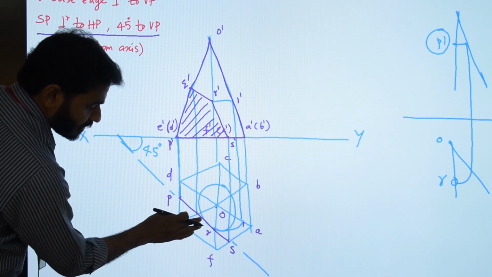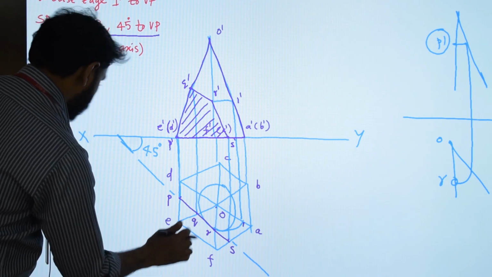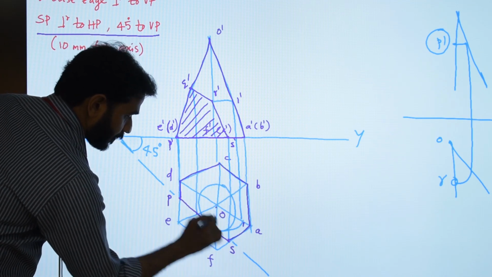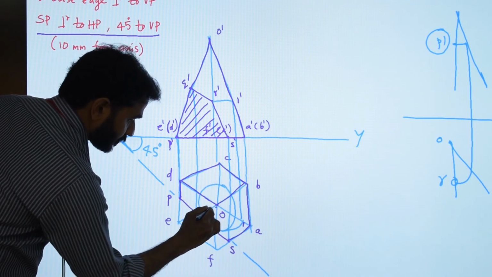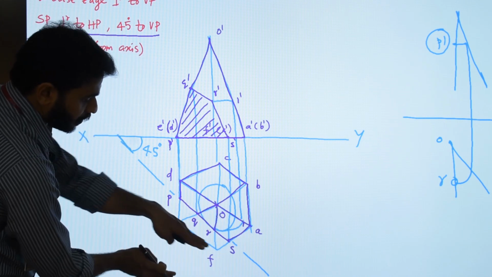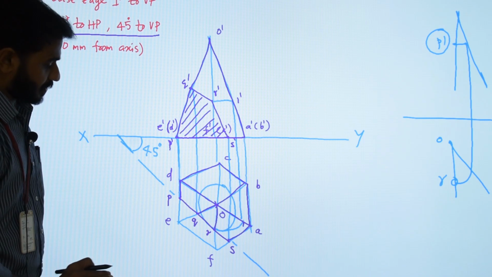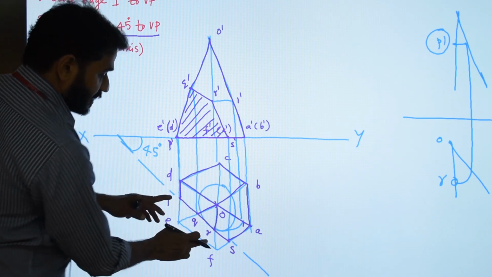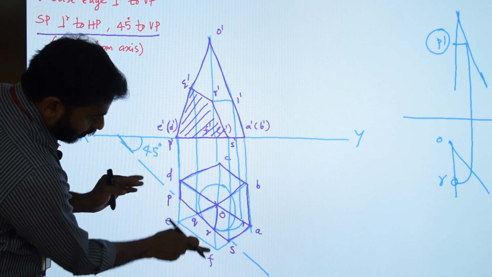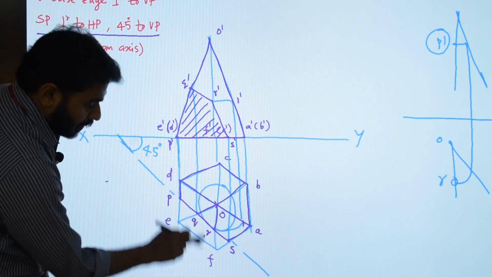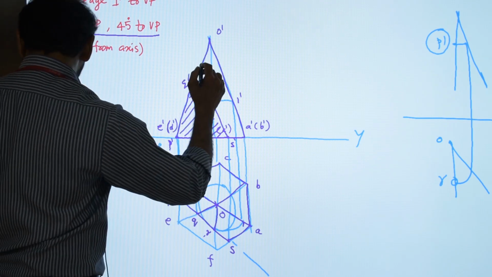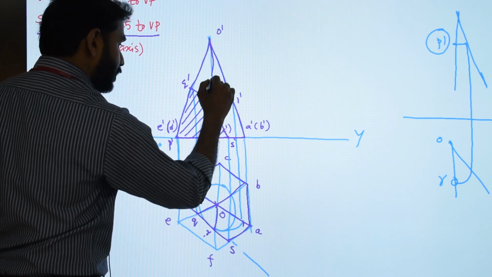So the portion between the section plane and the observer is removed, and this much portion is retained on the solid. The remaining portion should be shown as light lines. If you consider the slant edge OF, some portion of OS is cut and removed, so only the portion till OR is retained on the solid. So O dash R dash will be a dark line.